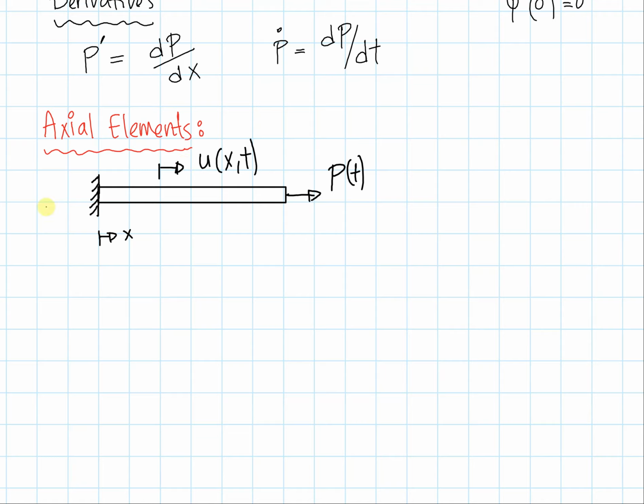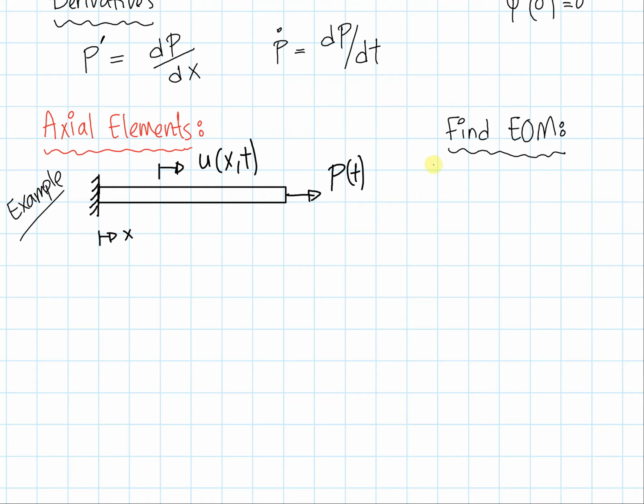We're doing an example here. The first thing we need to do is to identify our equation of motion. So find the equation of motion. That is the most important thing we need to find out.